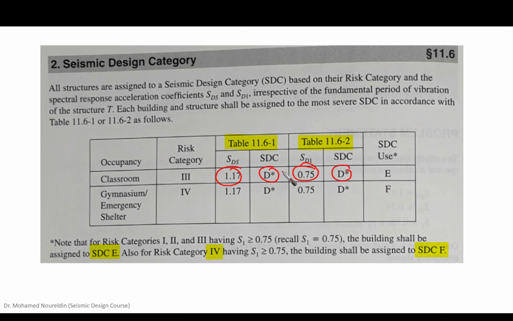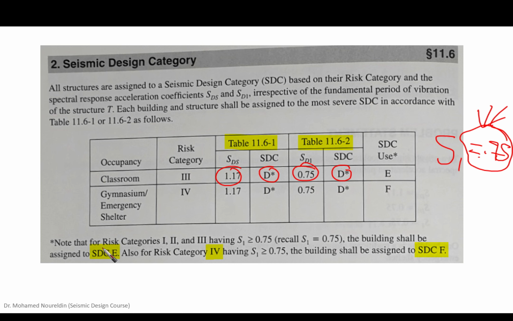No, it's not right. Take care of one thing that I have mentioned to you, that S sub 1 equals to what? 0.75. Exactly. This means that it is a very high seismic zone. And in this case, we need to visit the table.